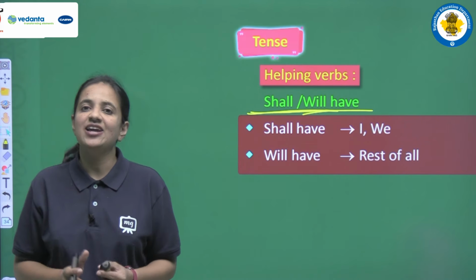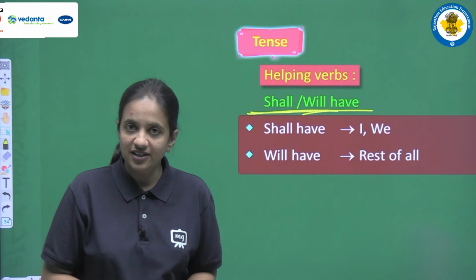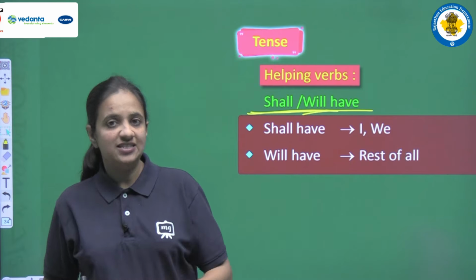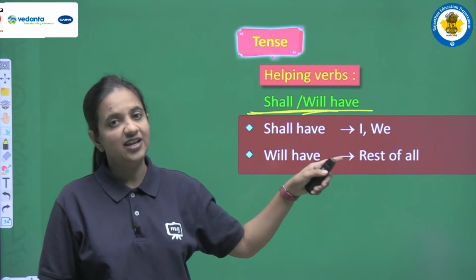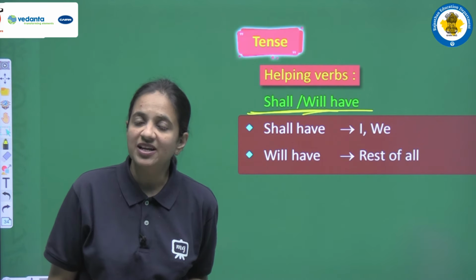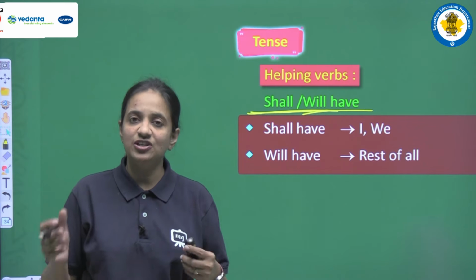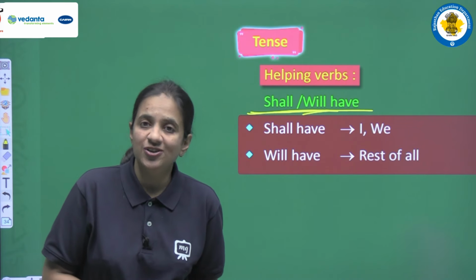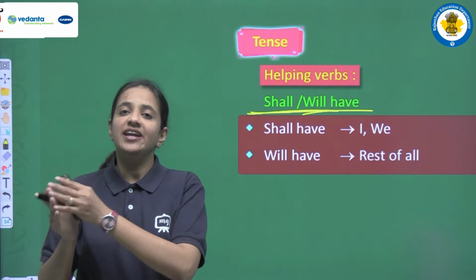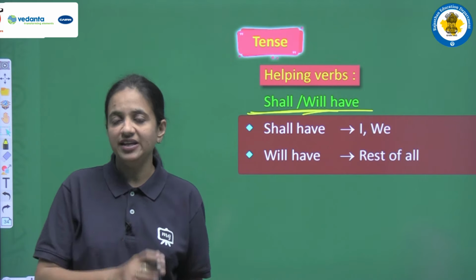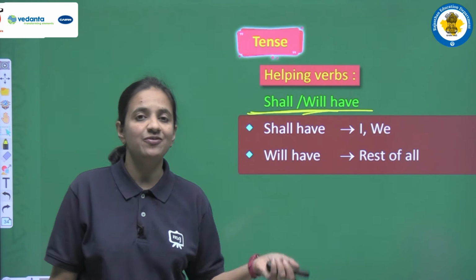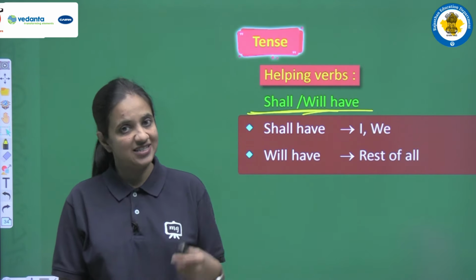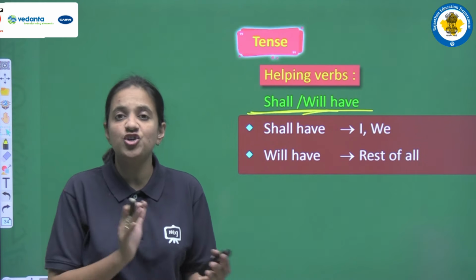One thing I want to make clear: in all the future tenses we have shall and will. We read future simple tense earlier, and in that tense we had shall and will. In future continuous tense we had will be, shall be. Now we have future perfect tense, so in this tense we have will have, shall have.